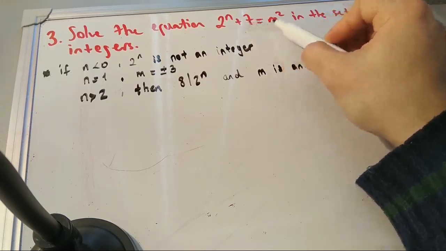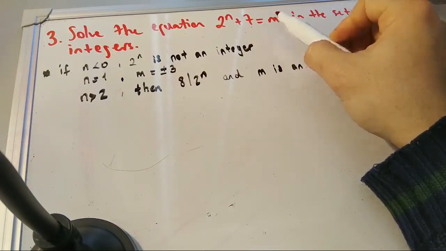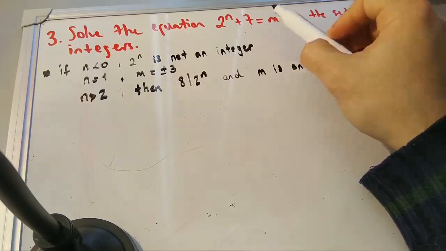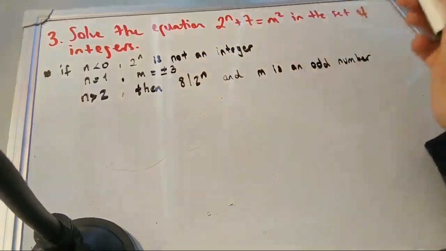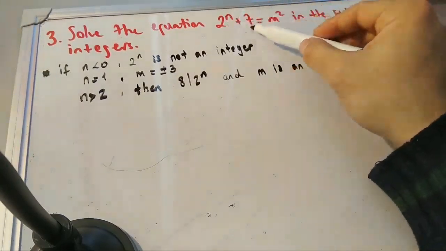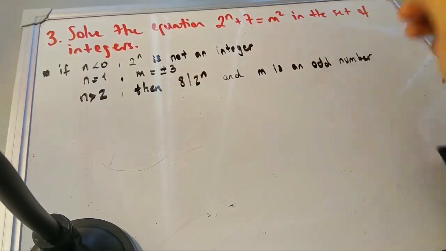So odd is equal to m squared. So is m even or odd, tell me. Of course, m is an odd number, right? Because even plus odd gives us an odd number. Yes, you are right, Blagoje. m is an odd number, yes.